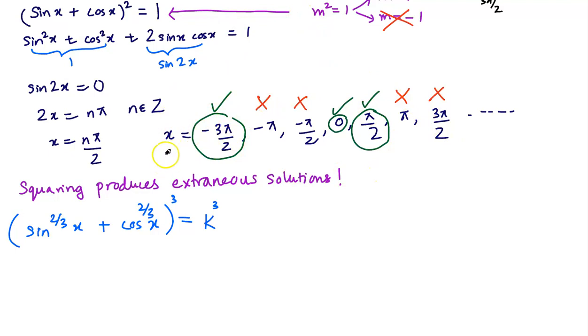Do I have to really be very careful and say, okay, let me check the solutions one by one and then remove the unnecessary solutions, or can I be a little more relaxed when I cube something? And hopefully that gives you some interesting insights into the difference between squaring and cubing.